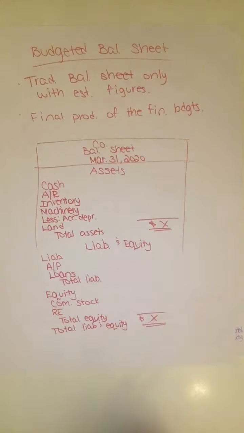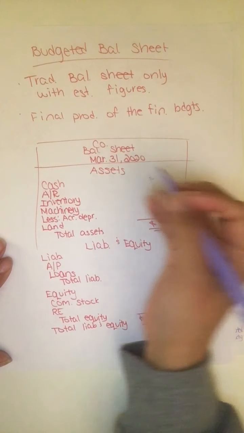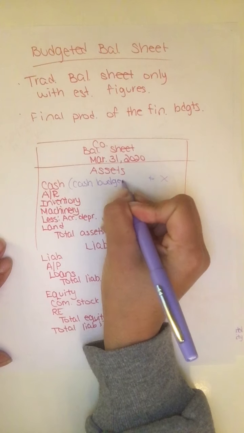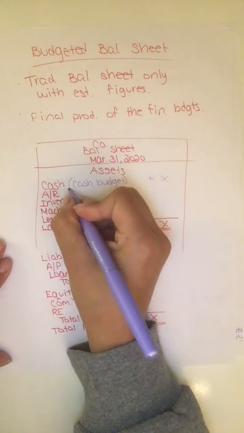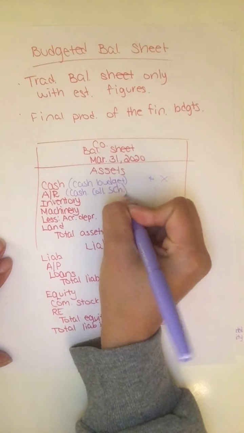And I know we're already familiar with how to do a balance sheet because you've done them in 1A, but just to kind of circle back to see how this plays into the budget that we've gone through. So the cash figure that would go here, you're going to pull that from the cash budget. The AR is going to come from your cash collections schedule that we prepared.